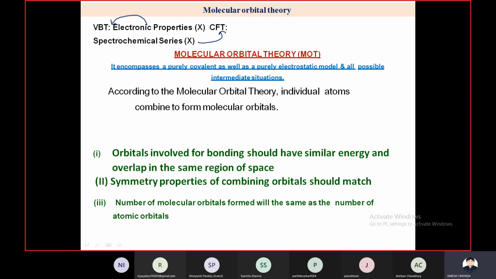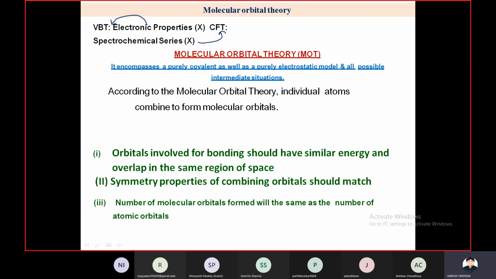If you draw an MO diagram and find the unpaired electrons, then you may predict whether this material is paramagnetic or diamagnetic. You can also calculate magnetic moment. This theory is based on the purely covalent as well as purely electrostatic model, and all possible intermediate situations are considered in this theory.